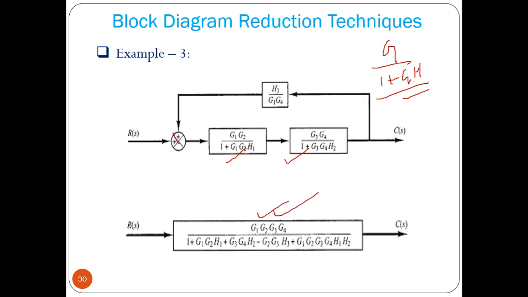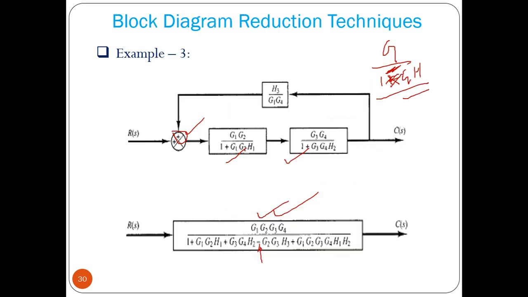Sorry, it is a positive feedback, so you have to use a minus sign here, not plus, because we have a positive sign. That's why this minus sign comes into the picture. We can take care of that calculation part.